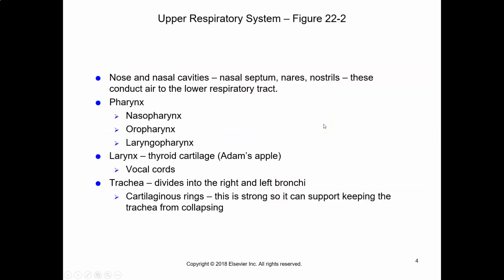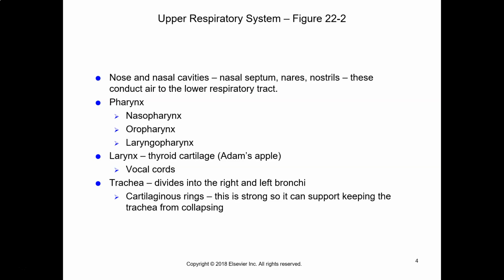The nose and nasal cavities consist of the nasal septum, the nares, the nostrils, and these conduct air to the lower respiratory tract. The pharynx, which is the nasopharynx, the oral pharynx, and the laryngopharynx. The larynx, which is the thyroid cartilage, or what we sometimes call the Adam's apple, and the vocal cords.